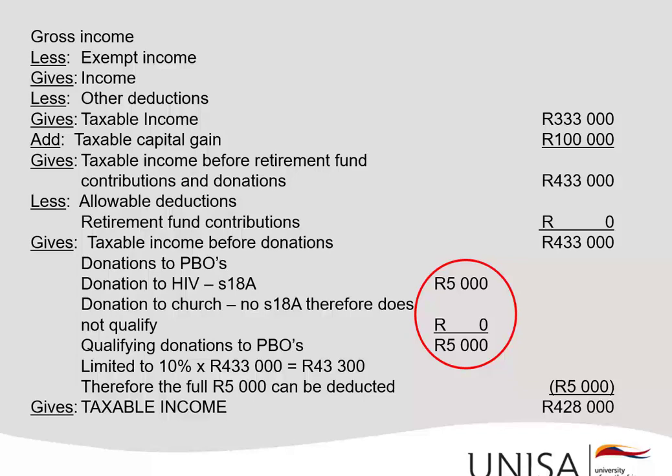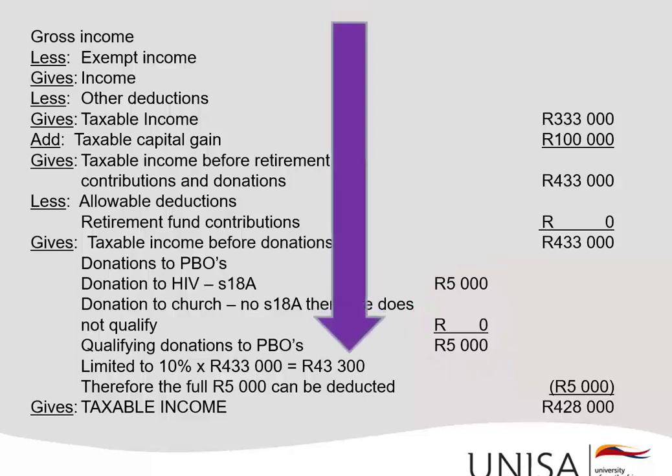The next thing that I would like you to take from this video is the order of the taxable income framework, and I think that's been emphasized enough, but you need to know that donations is the very last deduction, and if you've done your taxable income framework in the correct order, you will have the correct taxable income total before you do donations in order to calculate the percentage of 10% on the correct amount. So just take note that you need to do it in the correct order, and that donations to public benefit organizations are the very last deduction that you'll deduct in order to calculate taxable income.